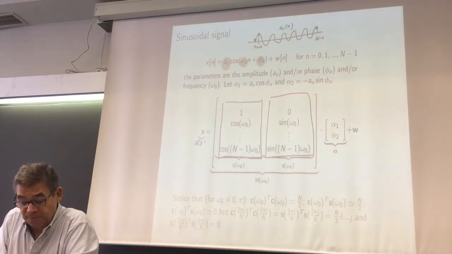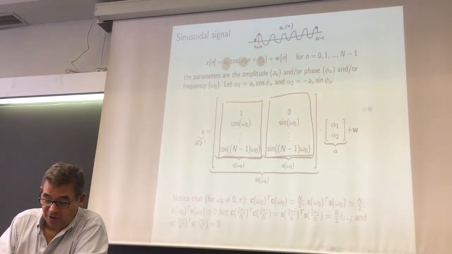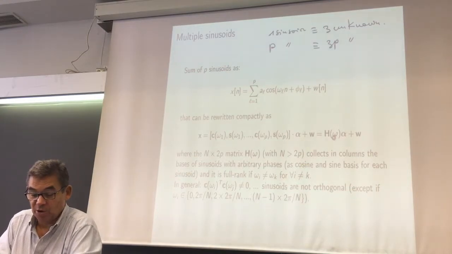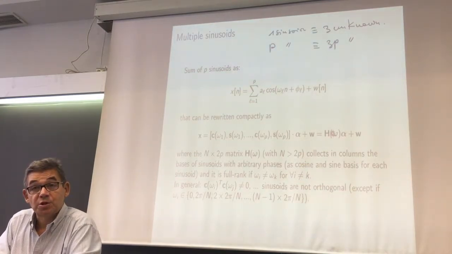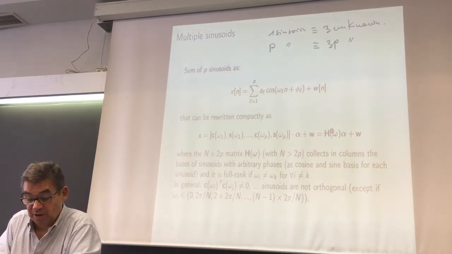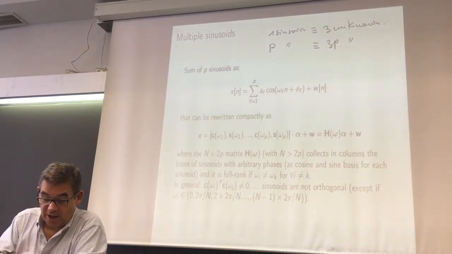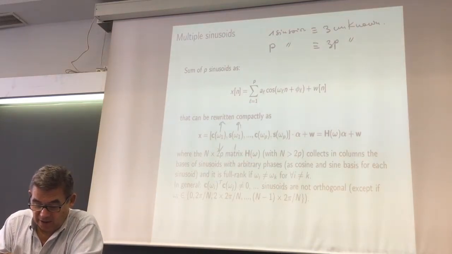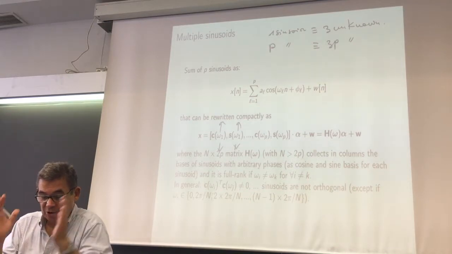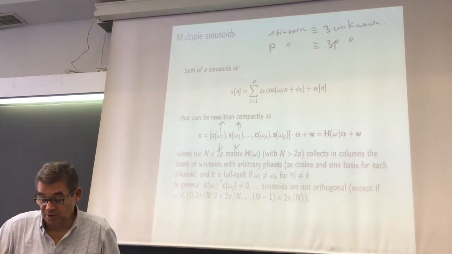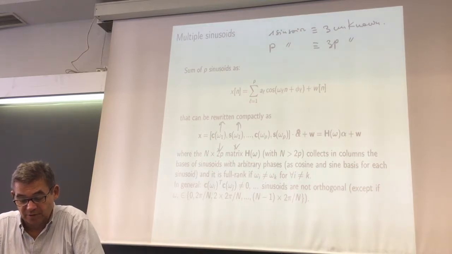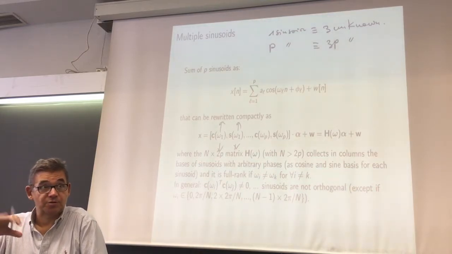If I don't have one sinusoid but multiple sinusoids, the model is my observation, and then a set of cosine and sine columns, which go in pairs, and then here I have the amplitudes: amplitude 1 cosine, amplitude 1 sine, amplitude 2 cosine, amplitude 2 sine, and so on.